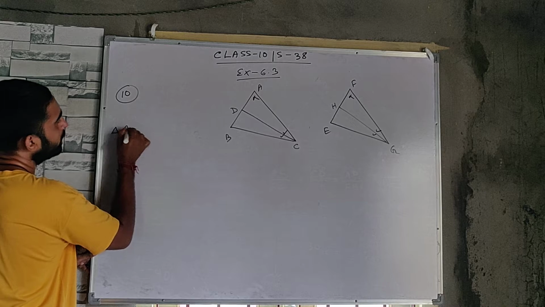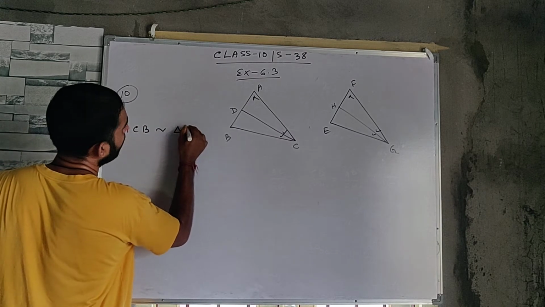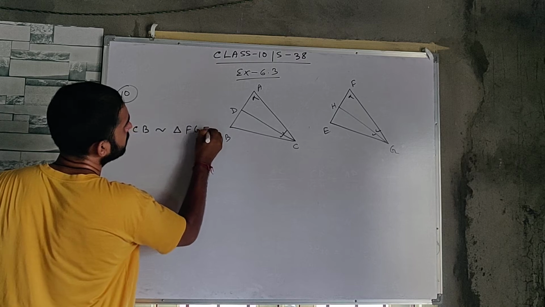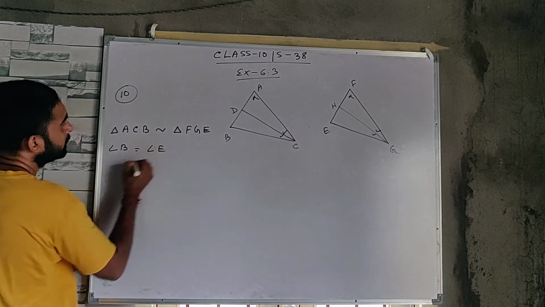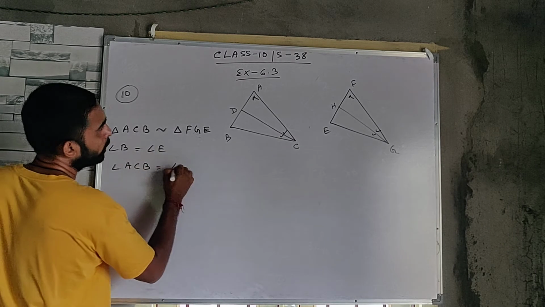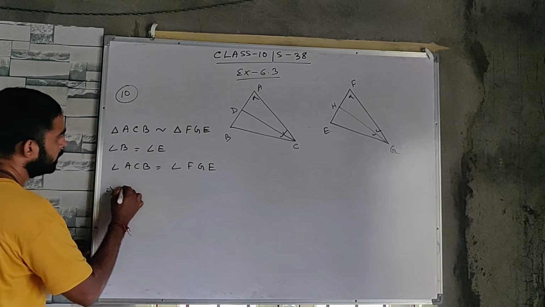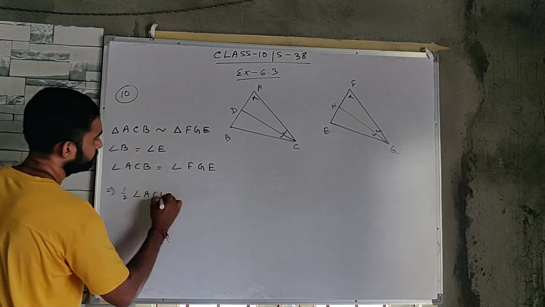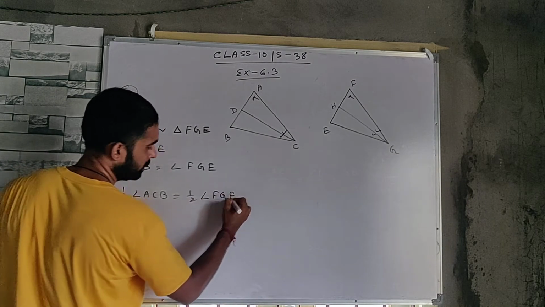Triangle ACB is similar to triangle FGE, therefore angle B equals angle E. Then angle ACB equals angle FGE, which implies half angle ACB equals half angle FGE.